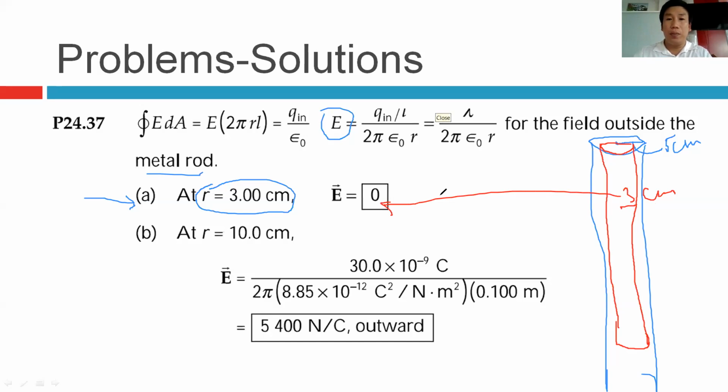Yeah, you're right, Ding Dong. You're right, because there's no charge inside. Same as the previous problem, we already saw inside there's no charge, no electric field. But outside, you can substitute r here, and you will obtain the electric field for the outside case.